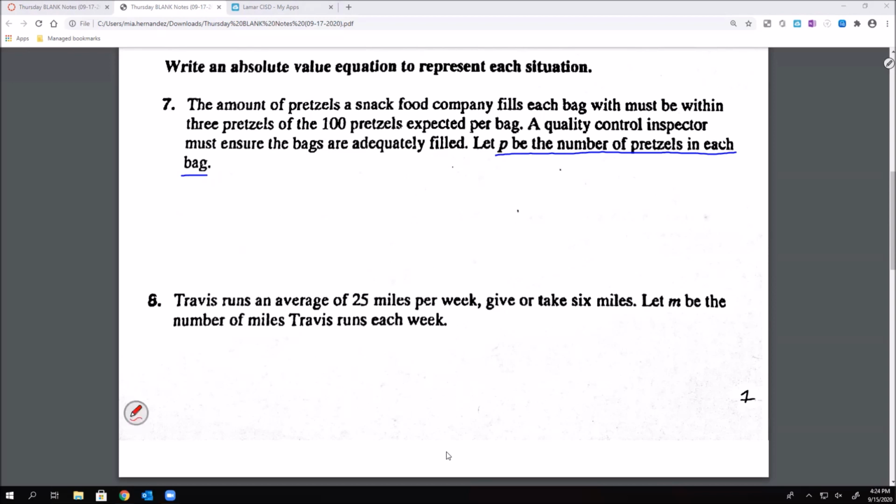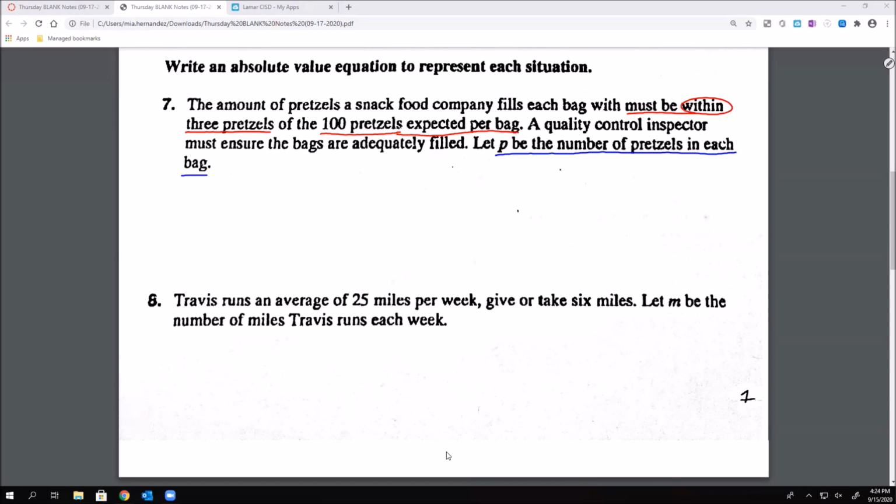The numbers I'm interested in are 100 pretzels expected per bag, and then within 3 pretzels. Okay, so those are the things that I'm curious about, right?